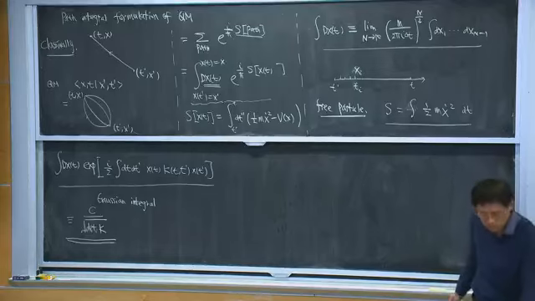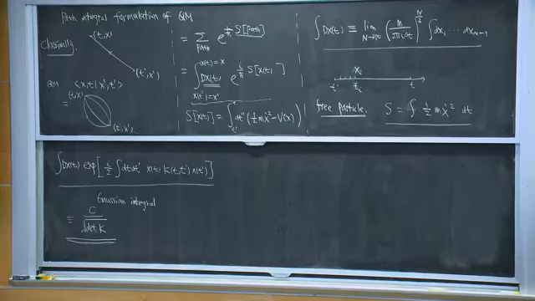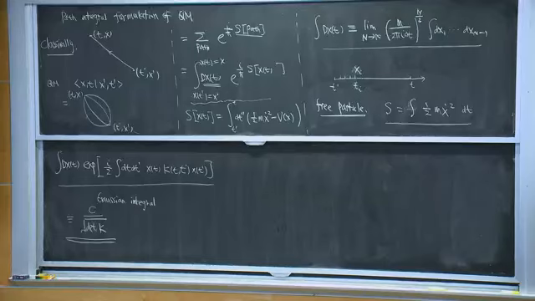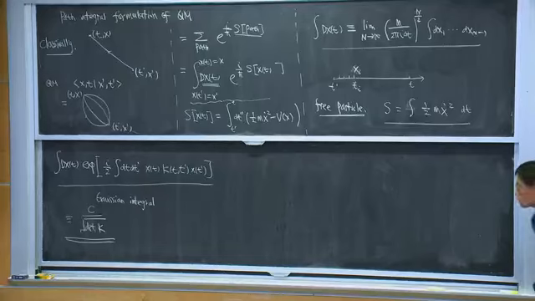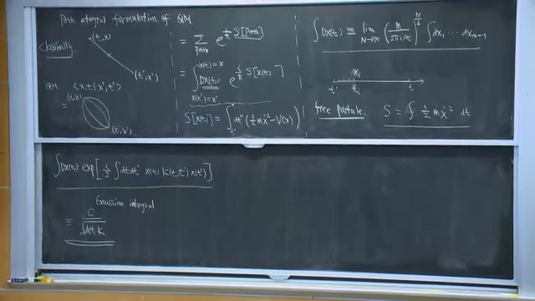Yes? When you evaluate that Gaussian integral, there's an i in front in the exponent. Doesn't this diverge? How does this converge? Yeah, this is the same as the standard Gaussian integral with the i; that integral you can also do. But shouldn't this diverge?